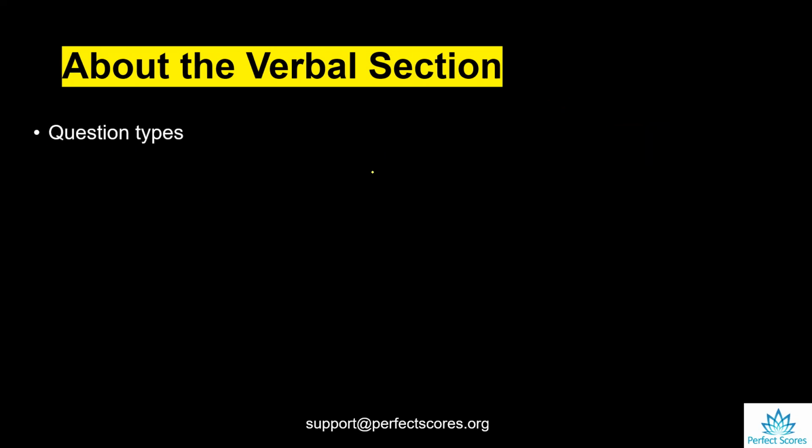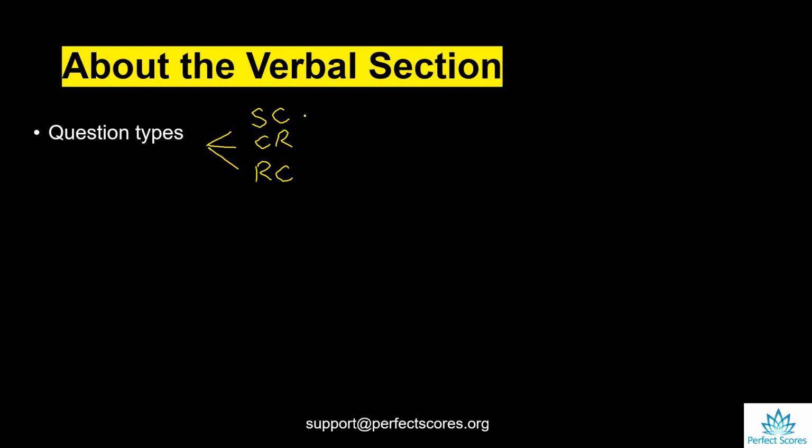The second is about the verbal section question types. The question types still remain the same. You have three kinds of questions: sentence correction, critical reasoning, and reading comprehension. Approximately 1/3 of the questions are going to be from sentence correction, 1/3 from critical reasoning, and the remaining 1/3 from reading comprehension.